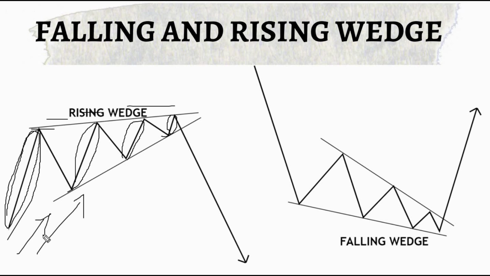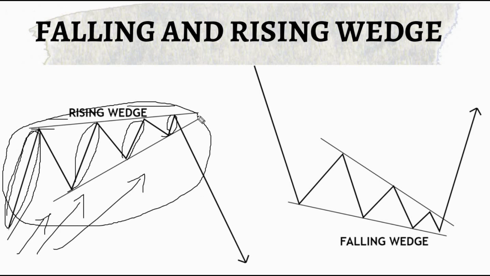So this indicates loss of buying momentum in that particular trend. This kind of pattern is known as the rising wedge pattern, and it is particularly useful if you find it after an established uptrend in the markets. So this signifies a potential trend reversal.